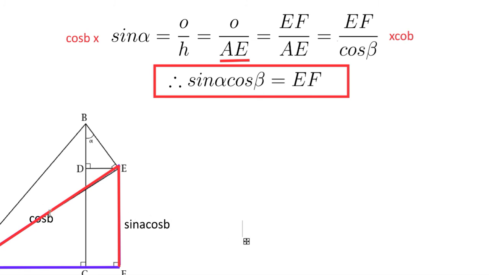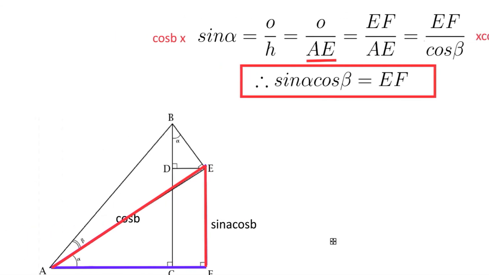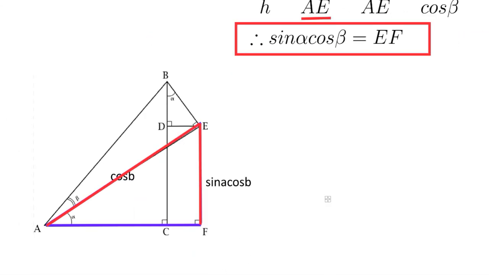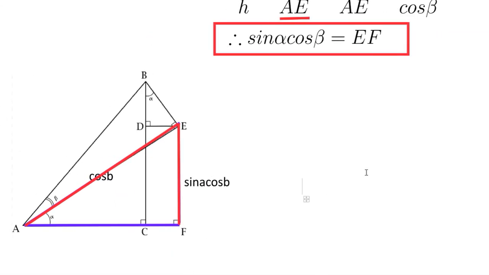So now we have two labels for our triangle. We have the hypotenuse of the bottom and the adjacent of the top, which is cos b, and we have the opposite of the bottom, which is sine alpha cos beta, and that will aid us in our further conversation about the double angle formula next.